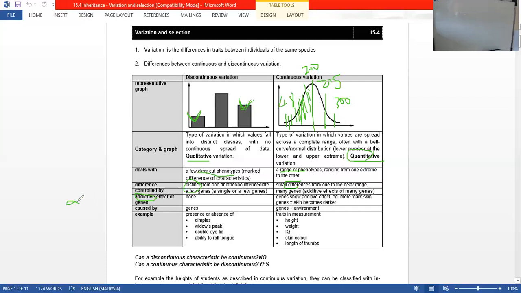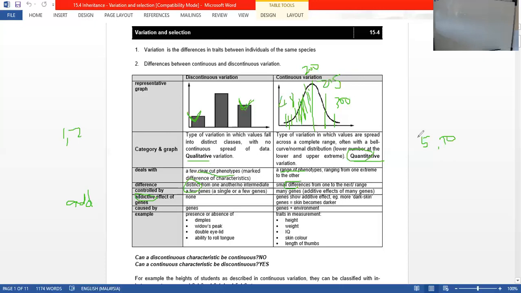Additive comes from the word add. That means the effects add on to each other. Before that, it is controlled by a few genes. A few genes here means 1 or 2, while many genes here means 5 or sometimes 10 or something like that. There's a lot of genes.